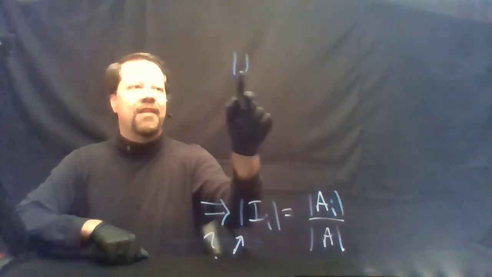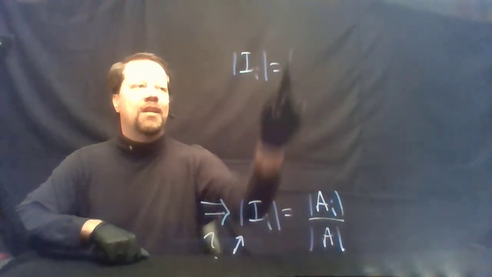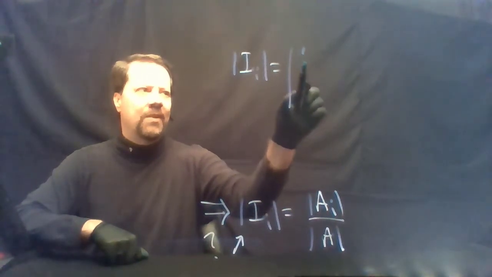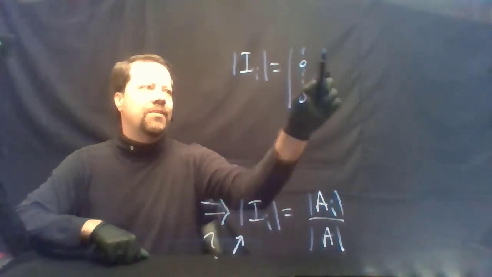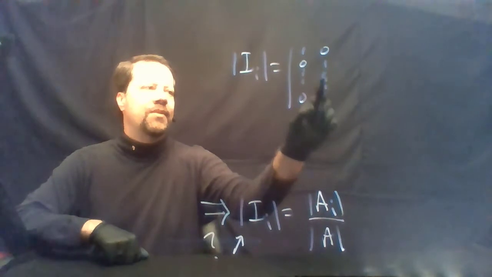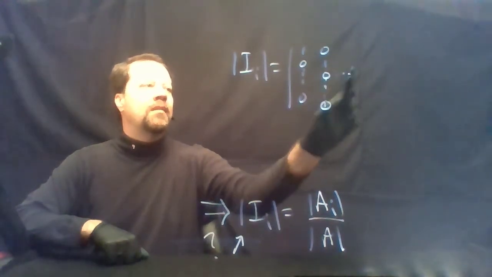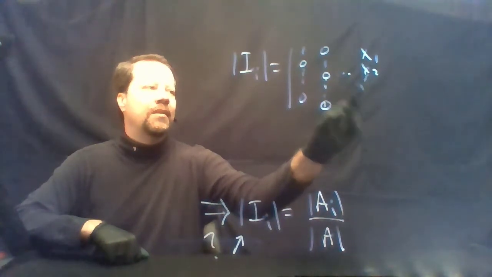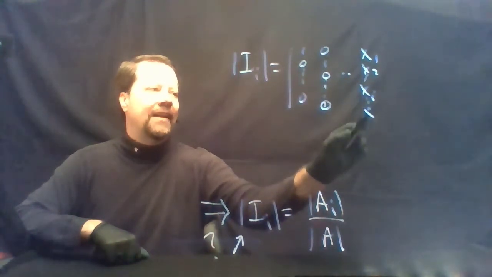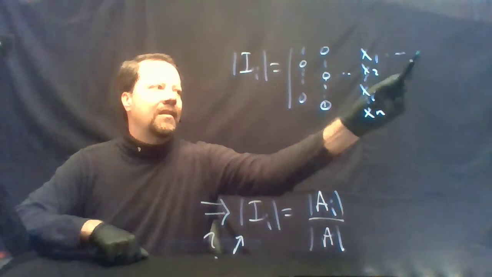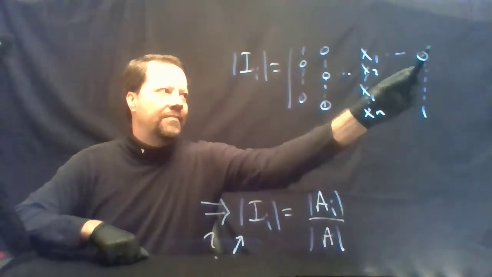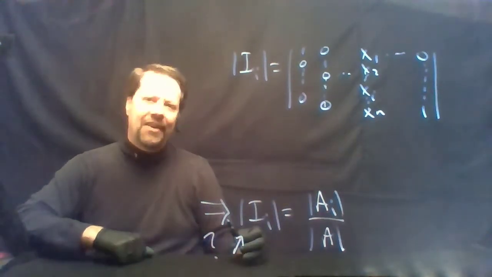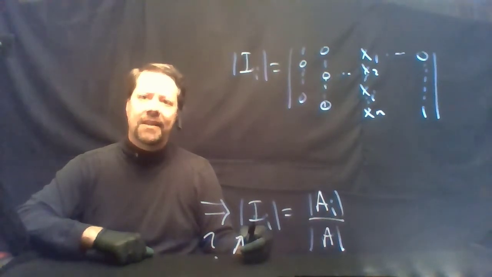The determinant of I sub I is the determinant of the matrix with, let's see, 1, 0, zeros, 0, 1, zeros. We had the ith column replaced by x1, x2, through xi, through xn, and then continue on 0, 1. How do you calculate the determinant of this matrix?